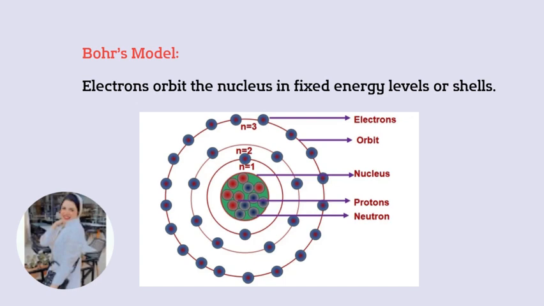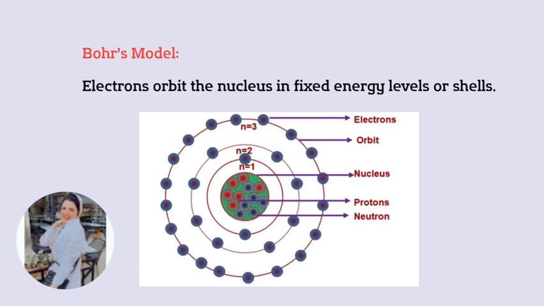Let's move to the third model, which is the Bohr model. Bohr said that electrons don't just move around the nucleus. They move in fixed paths, which are called orbits, around the nucleus.